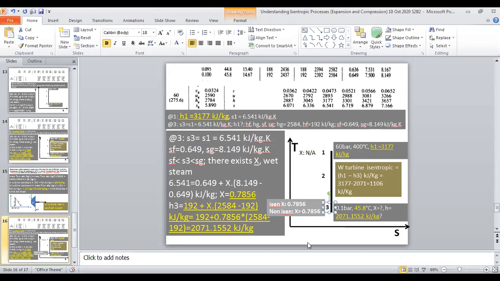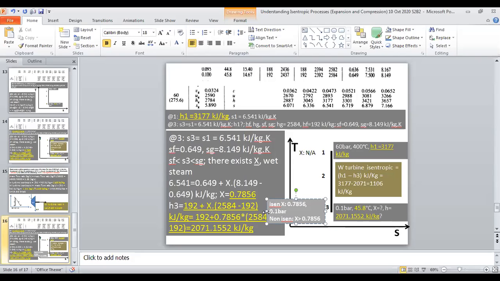At 3, isentropic x is 0.7856, at a pressure of 0.1 bar, sorry, not 0.01.